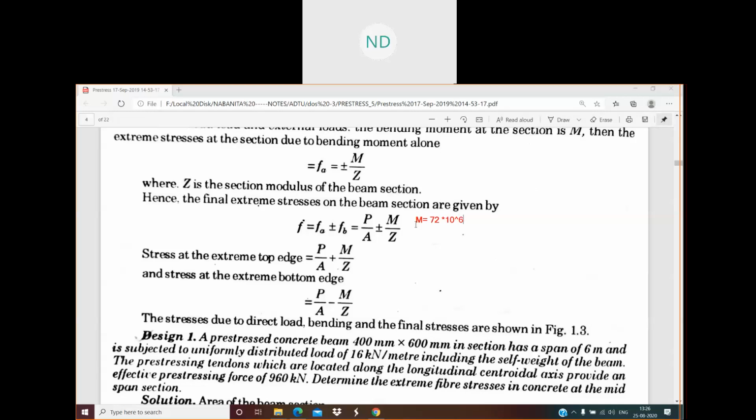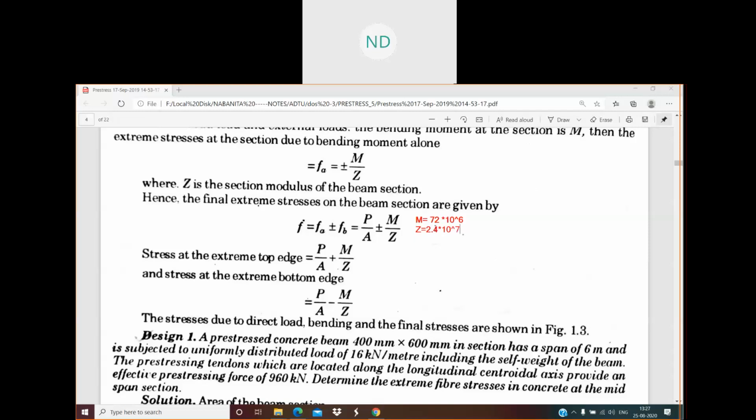When we write in Newton mm, because it was in kilonewton meter, now if we write Newton mm, 10 to the power 6. So now again Z, what do we have for our Z? Z was 2.4 into 10 to the power 7.